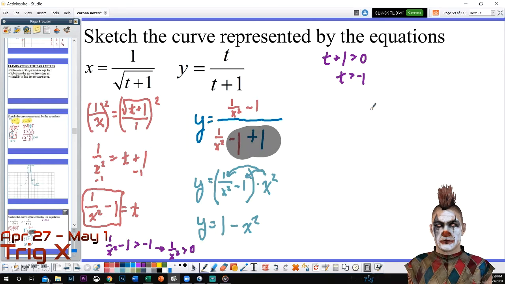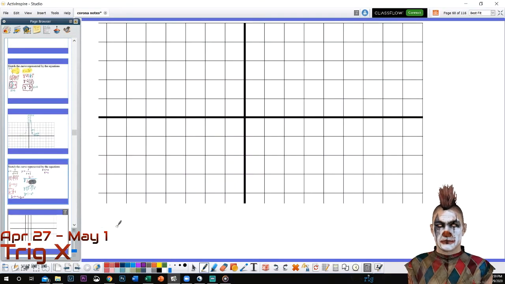Alright, so now that I have that, I am ready to graph. Let's go ahead and graph, and remember we're only graphing where x is going to be positive. So let's plot some points. You should have your t equals 1 right about here, and your t equals 0 right about here, and that's probably about all the points you were able to get.